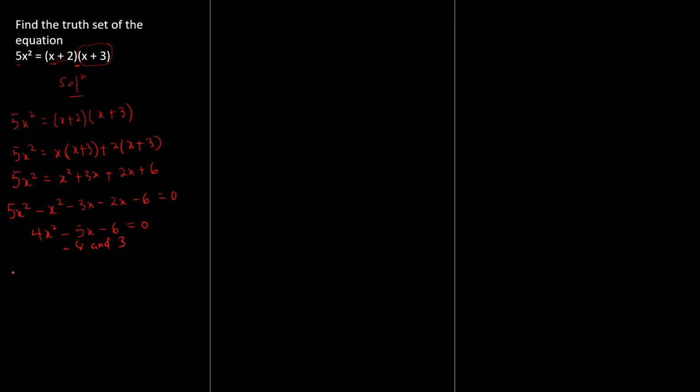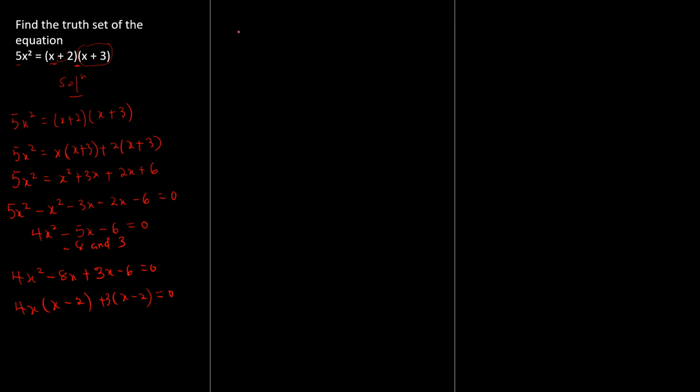So with that, we have 4x squared minus 8x plus 3x minus 6, which should give me 0. Then from here, I take 4x out, (x minus 2), and then plus 3 out, (x minus 2). That will give me 0. Then I need to factor x minus 2 out.